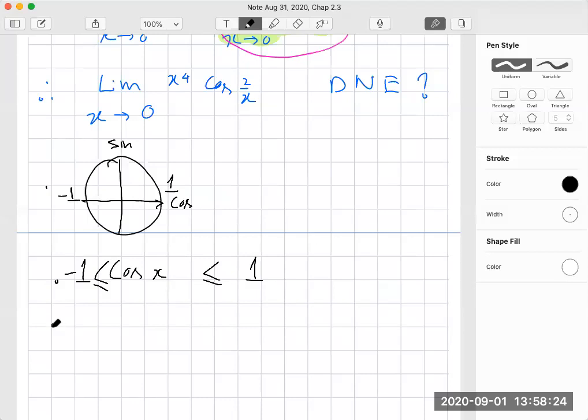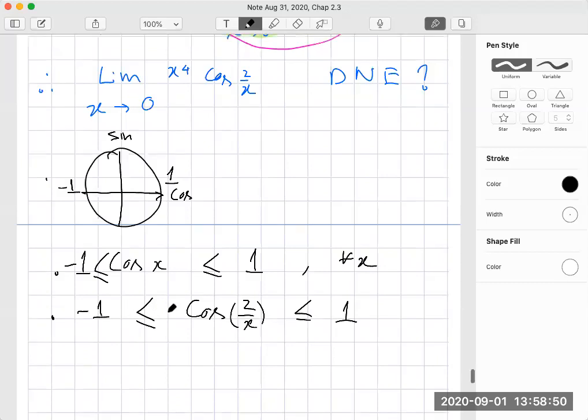So similarly, -1 should always be smaller than cosine of 2 over x, no matter what it is, and smaller than 1, because this is between -1 and 1.